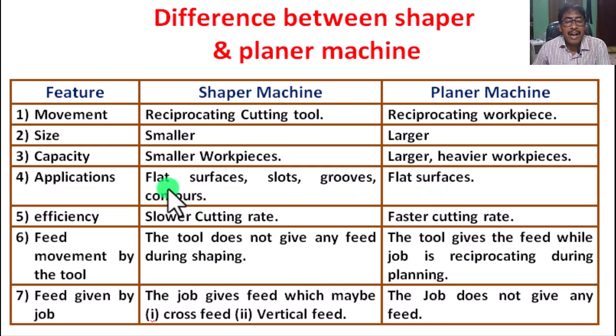Shaper machines are typically used for machining smaller to medium size workpieces and are effective for producing flat surfaces, keyways, grooves and some contours. More versatile for creating complex shapes.